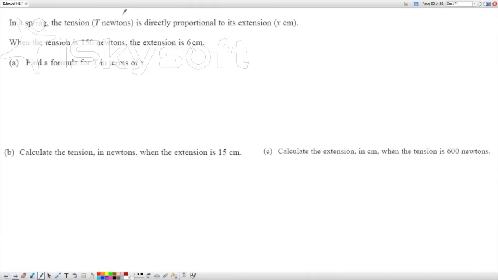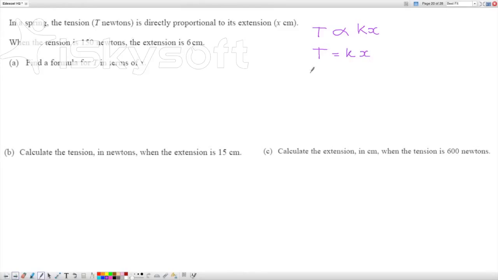In a spring, the tension, T newtons, is directly proportional to its extension. What does that mean? T is directly proportional to some constant, x. We're going to write this as a formula, so we change this directly to T equals K times x.